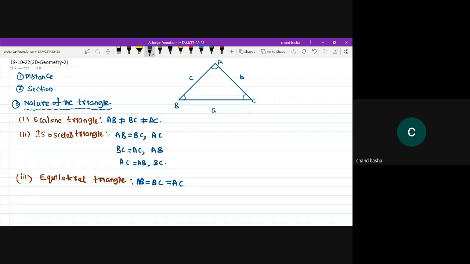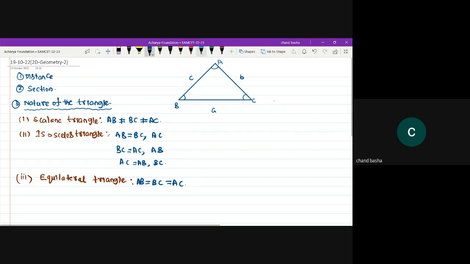Now I am going to discuss with respect to angles, and we can make use of a right angled triangle and an isosceles triangle. Already you know that whenever the sides or vertices are given, how to define those properties.